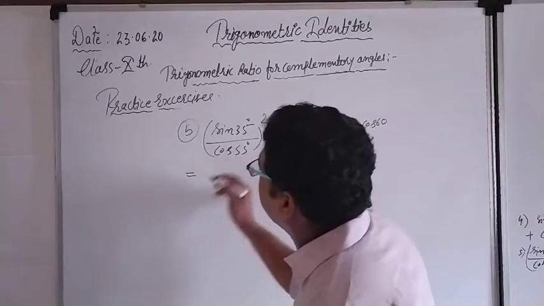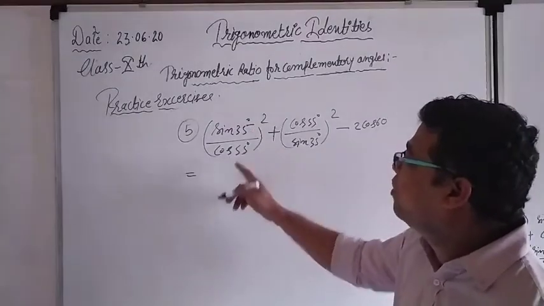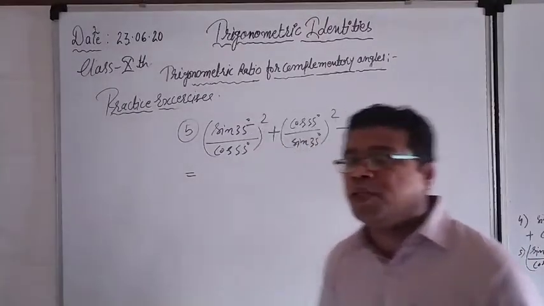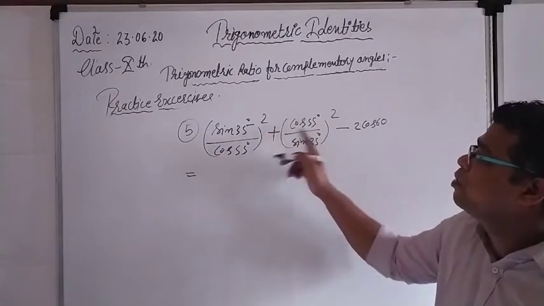Now see, again the same formula will come into focus. Sine 35 and cos 55 are complementary to each other. Again the same thing is written in the form of a reciprocal, which has no effect. This is going to be cancelled.